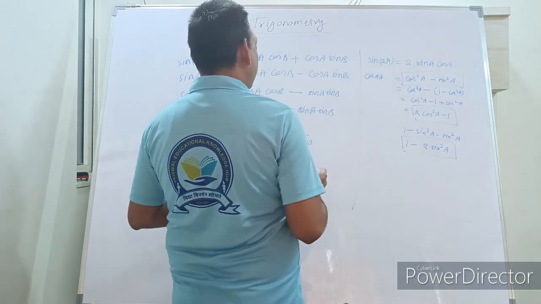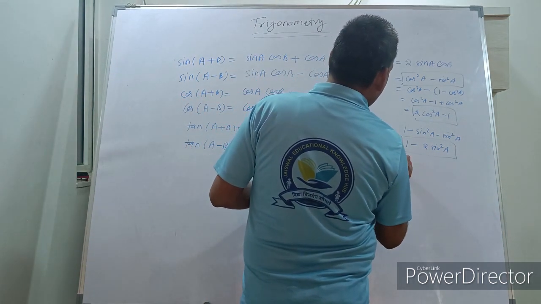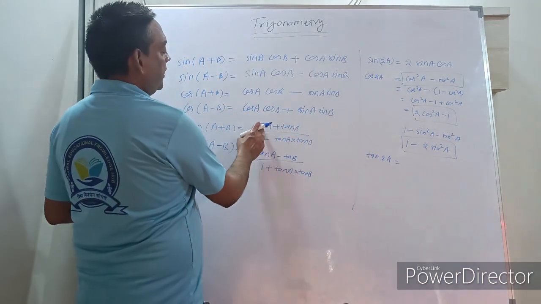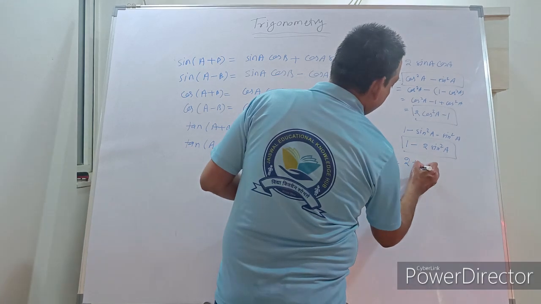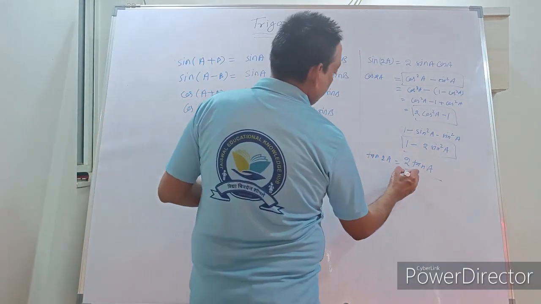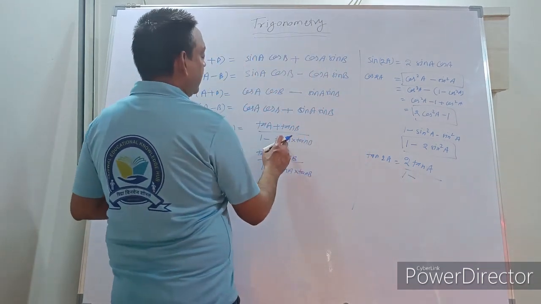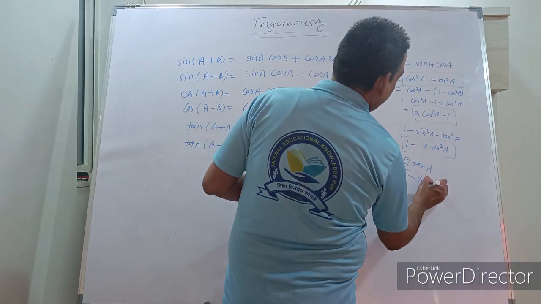Same way, the third one is tan 2a. Again this becomes tan a plus tan a, that becomes 2 tan a upon 1 minus tan a into tan a, that becomes tan square a.